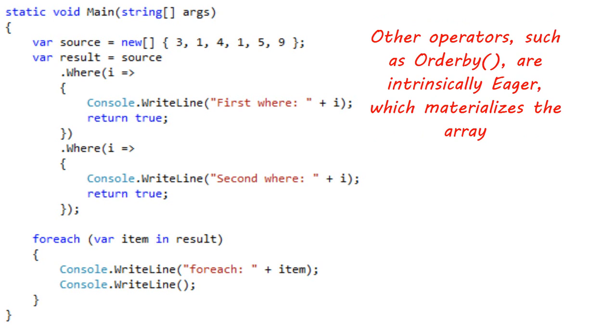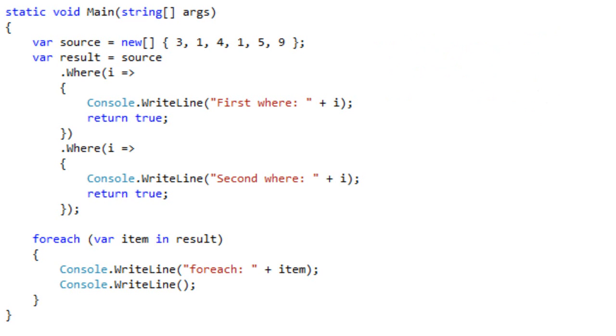So where is intrinsically lazy, but order by is intrinsically eager. So what eagerness does is it has to collect every item in the source collection before it can sort them. This makes sense. The last item in the source collection might be sorted in such a way that it becomes the first item in the collection coming out of the order by.